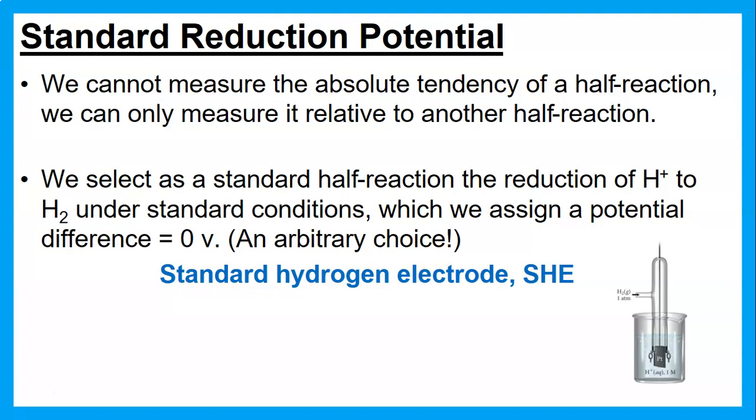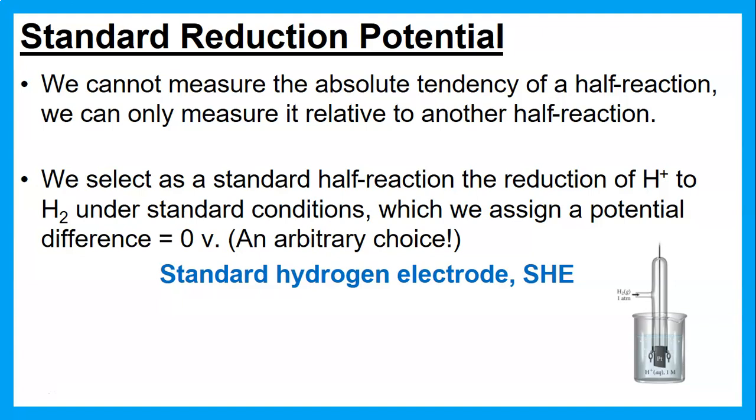So we are comparing it in relation to an arbitrary one that we've decided. We have arbitrarily decided to use hydrogen, and we set the value, the tendency for it to happen, as 0. And we call that the standard hydrogen electrode. You'll sometimes see the abbreviation SHE.